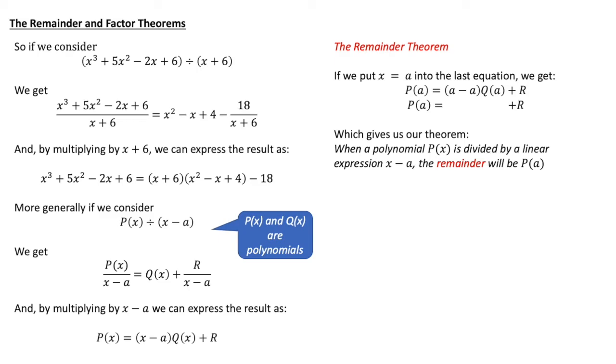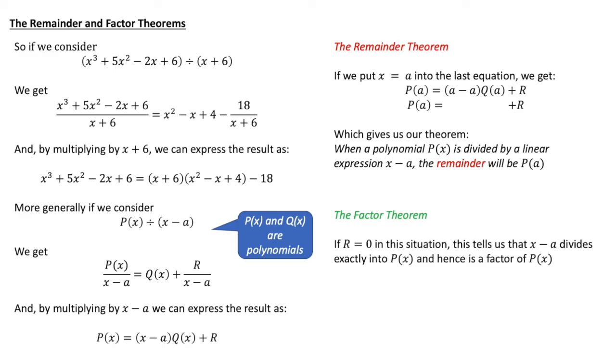Okay, it also leads us to the factor theorem. And the factor theorem says that if we have this situation of dividing p of x by x minus a, then if there is no remainder, that tells us that x minus a must divide exactly into p of x.